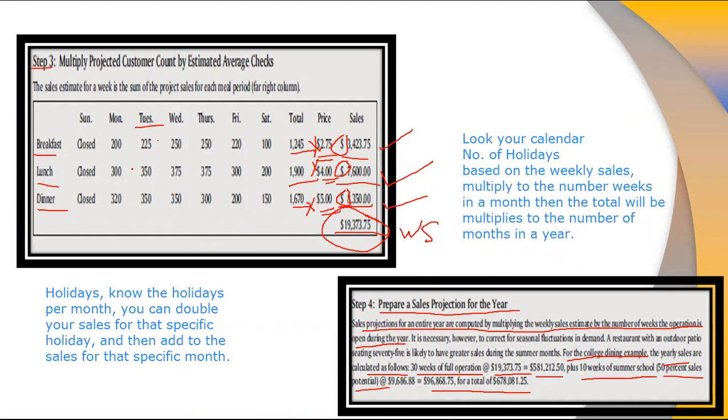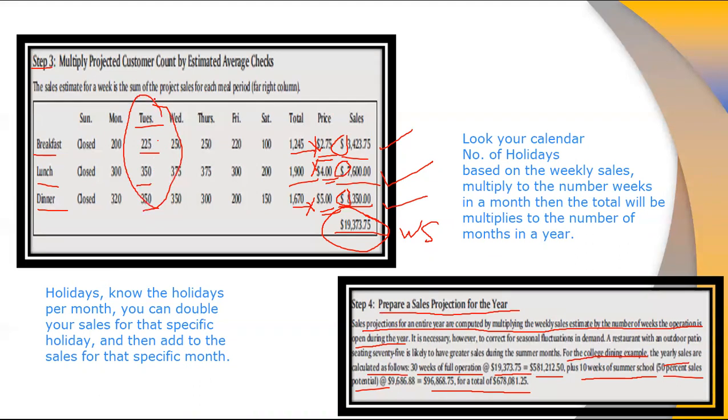For this example, you have the customer counts, and then you multiply this by the average check here. So you get the sales for Tuesday only, and then you double that amount of sales. After you get the monthly sales for a specific month without adding the holiday first, that's how you get the monthly sales without holiday.